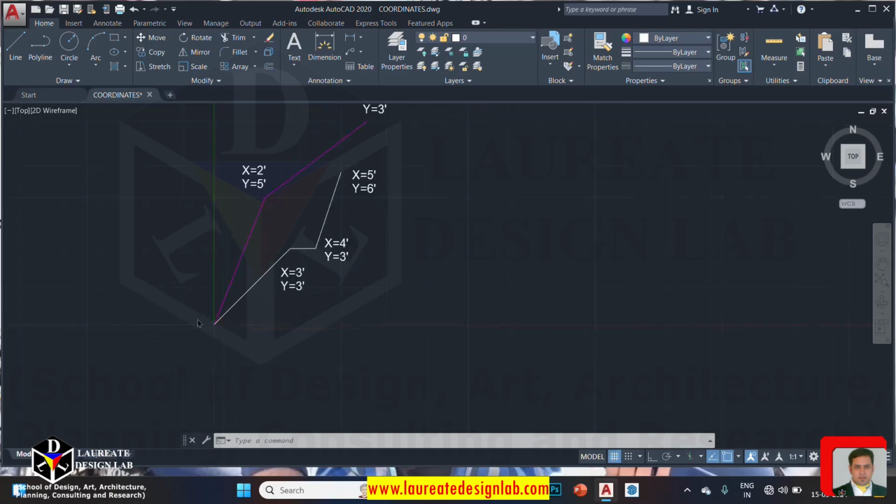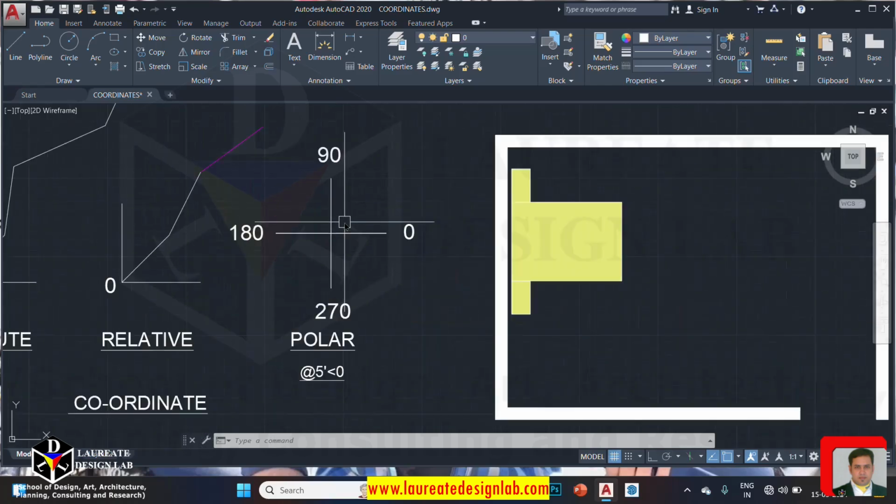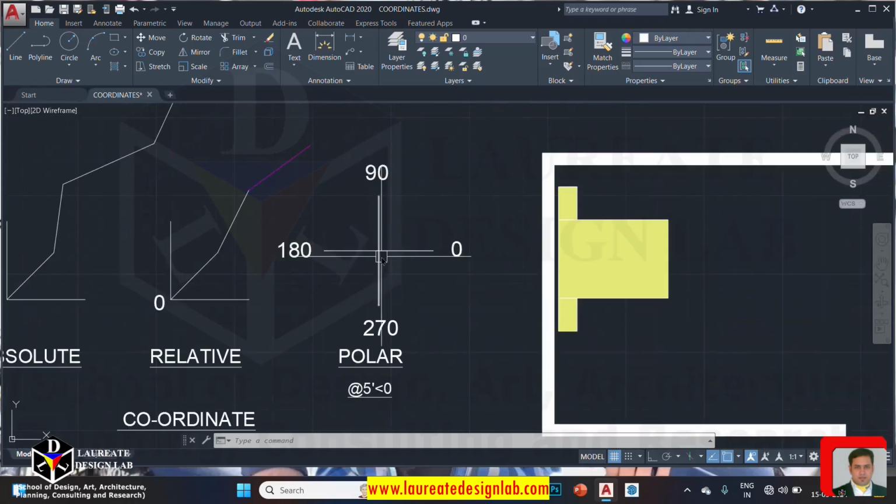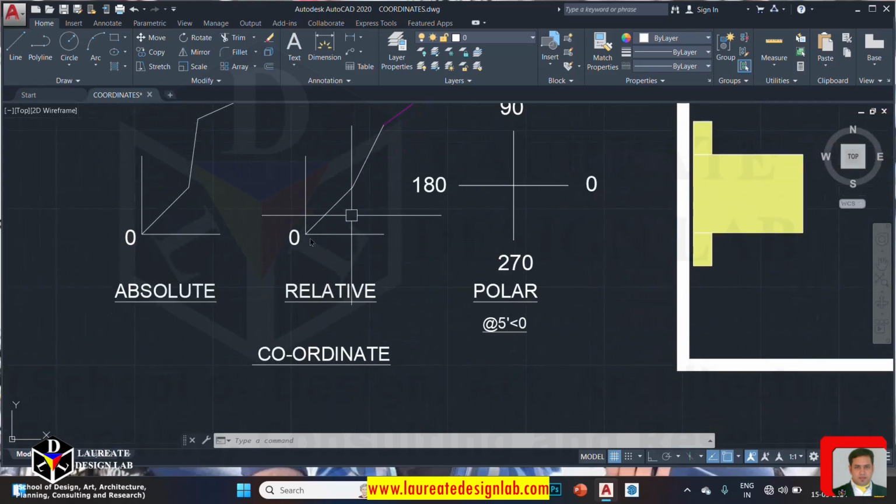So this concept and this concept don't go along. This is for the sake of angular setting, angular point marking. But all three of them represent 2D coordinate only, two-dimensional coordinate.